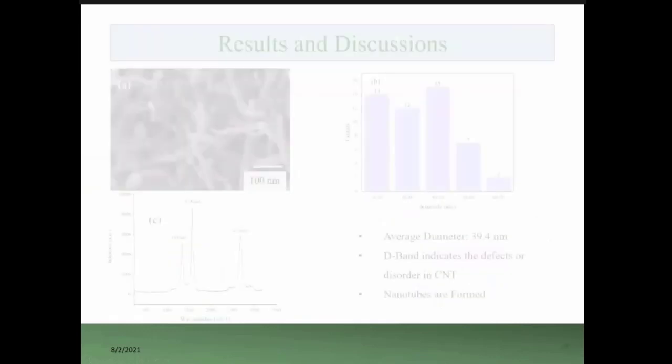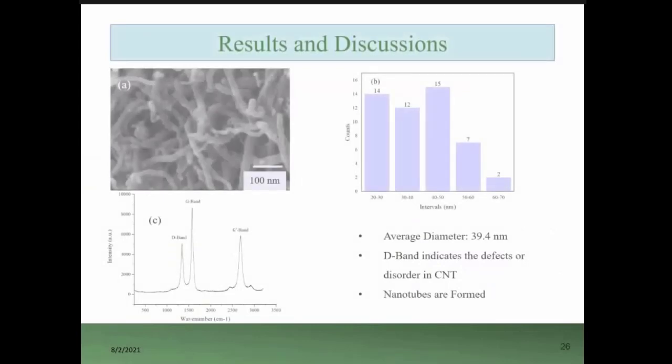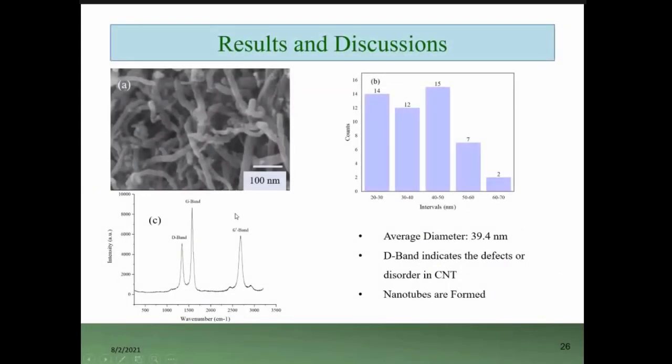Now, if I go to the result and discussion section, at the very first, I would like to discuss the configuration of the nanotube that we have used as the sample. This is basically the SEM, or scanning electron microscopy, zoom-in image of the carbon nanotube.